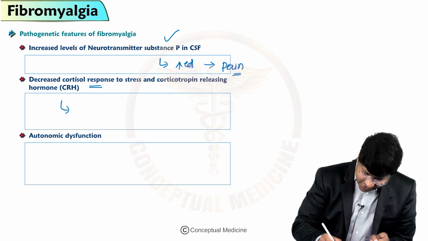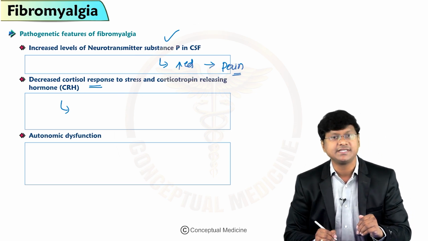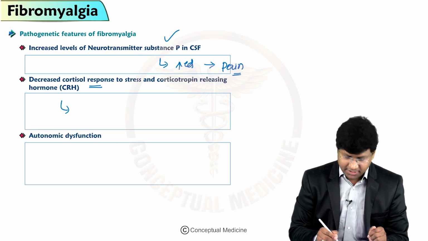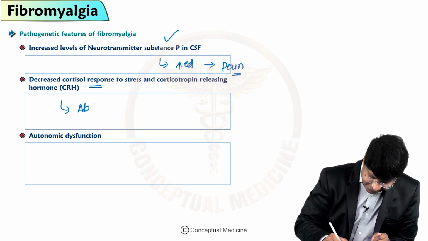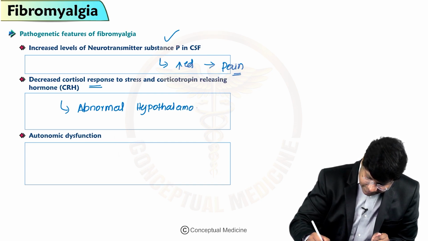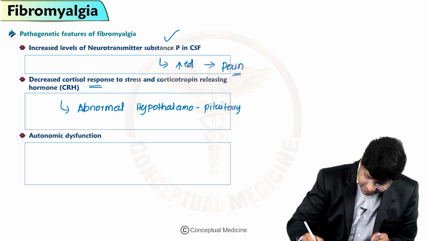So decrease in cortisol as well as decrease in CRH, what does that tell you? That tells you an abnormal hypothalamo pituitary adrenal axis.